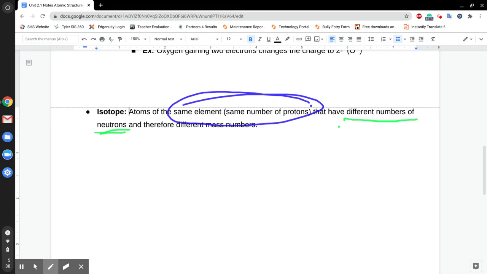Think of it this way. If you change the number of protons, you're fundamentally changing the balance of an atom, because you're taking a positively charged thing out of it.